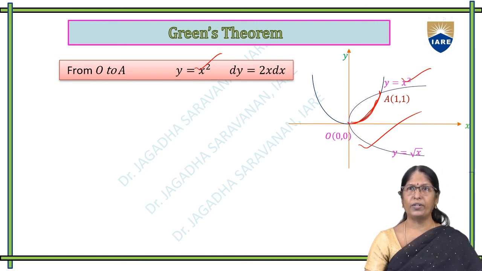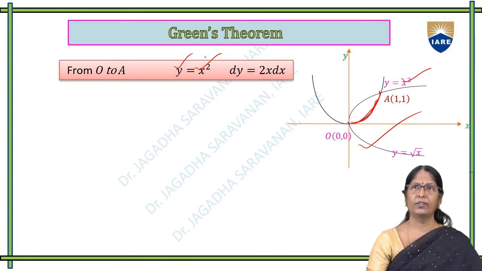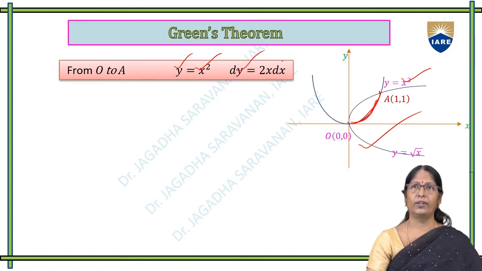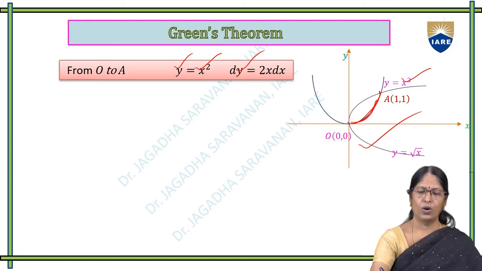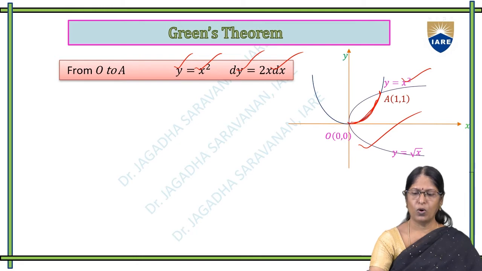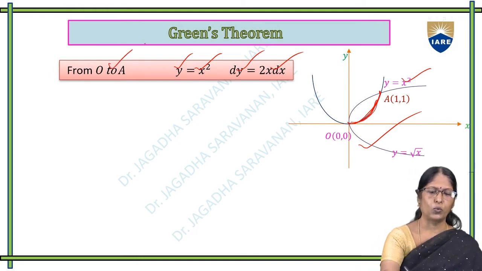We are going to differentiate both sides. The differentiation of y is dy, and of x square is 2x dx, from O to A. That's what is written.